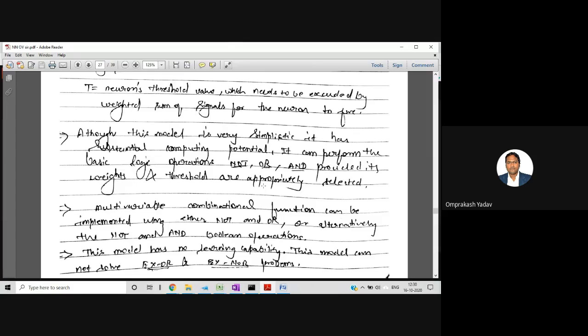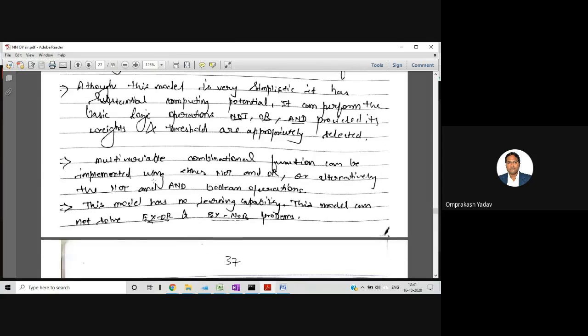So we have to select the proper threshold and weights, check the output, and adjust the weights accordingly so that we get the correct output.